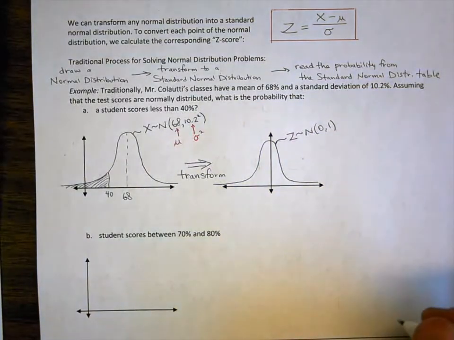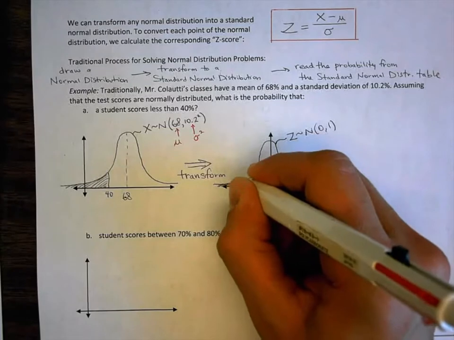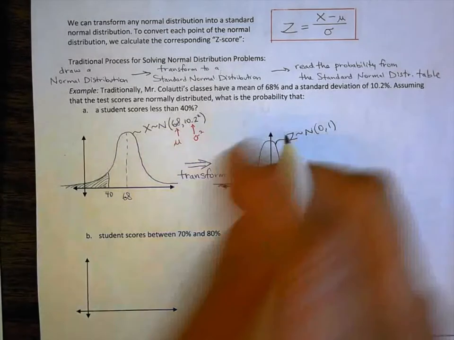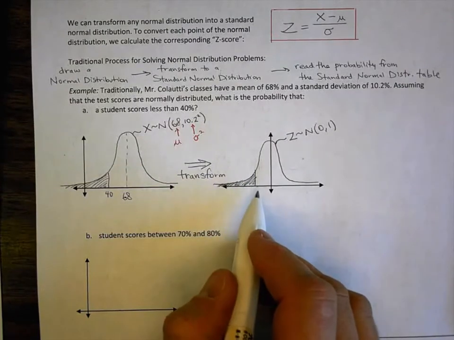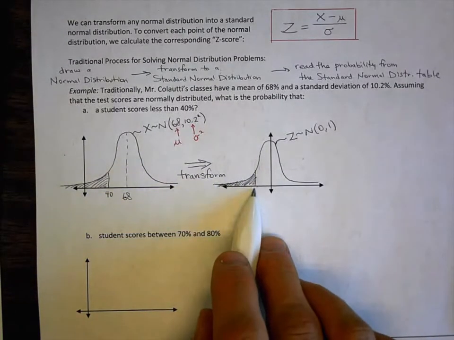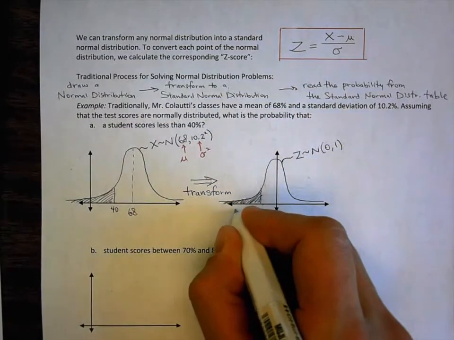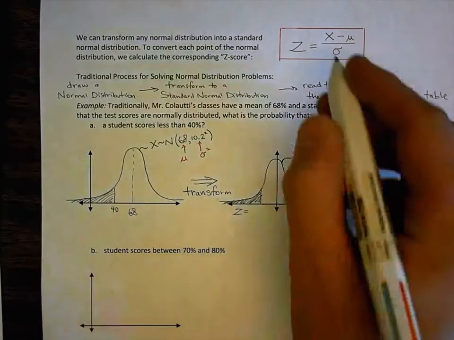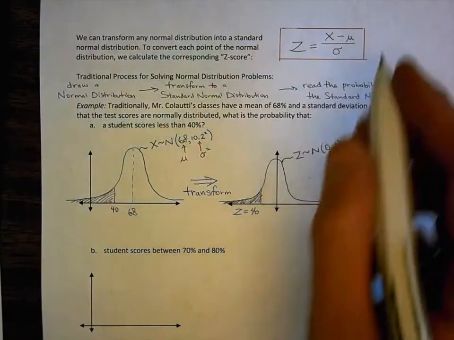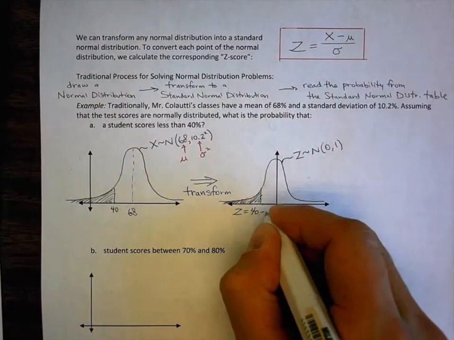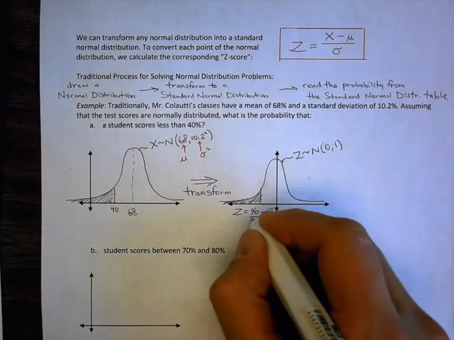Those are my parameters. And this cutoff, like this area, we're still talking about an area here, but now the cutoff has changed. It's no longer 40. It's some negative value. To calculate the cutoff, I have to use my z-score formula. Z is equal to the mark, which was 40, minus the average, which was 68, divided by sigma, which is 10.2.